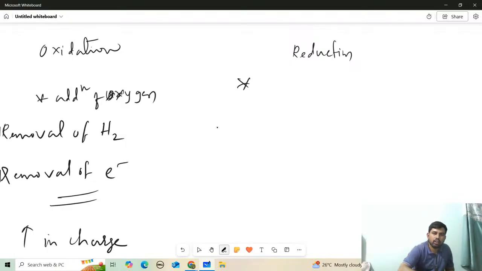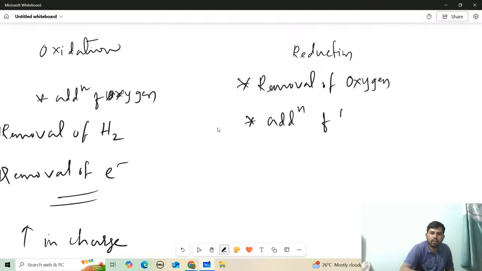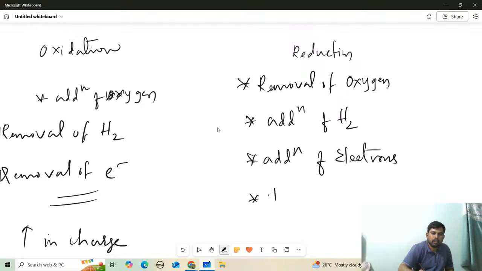Similarly, reduction is removal of oxygen, addition of hydrogen, addition of electrons, or decrease in charge.